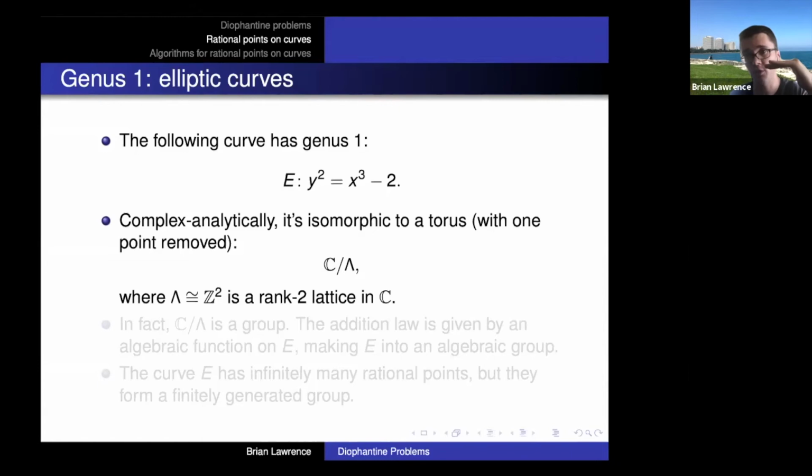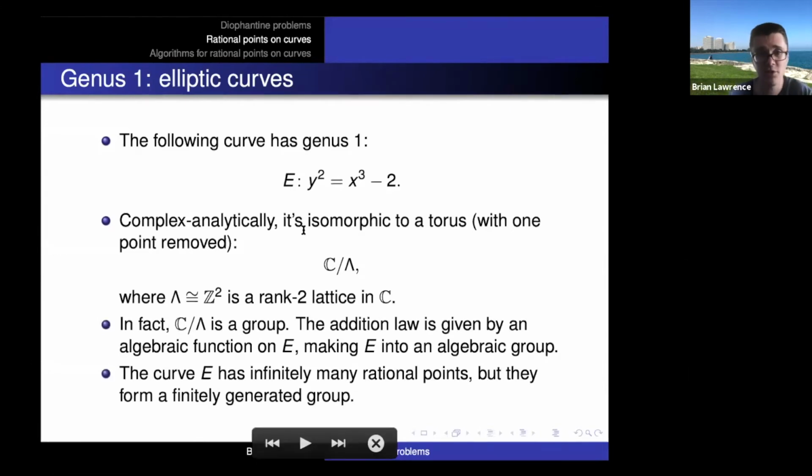The universal cover of a torus is the plane, and the group of deck transformations is some lattice of translations in that plane. And so you're going to be isomorphic to the complex numbers modulo some lattice. Of course, the isomorphism is given maybe by complex analytic functions and not by algebraic functions.